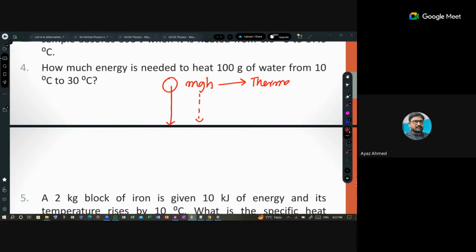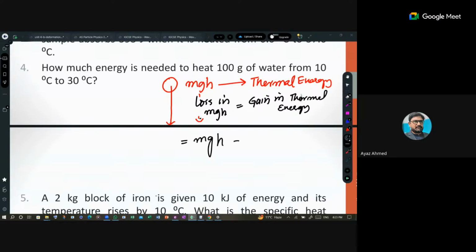You can say logically that loss in mgh is equal to gain in thermal energy. Generally when we drop things, they are heated up. So mgh is equal to mc delta t or mc delta theta.